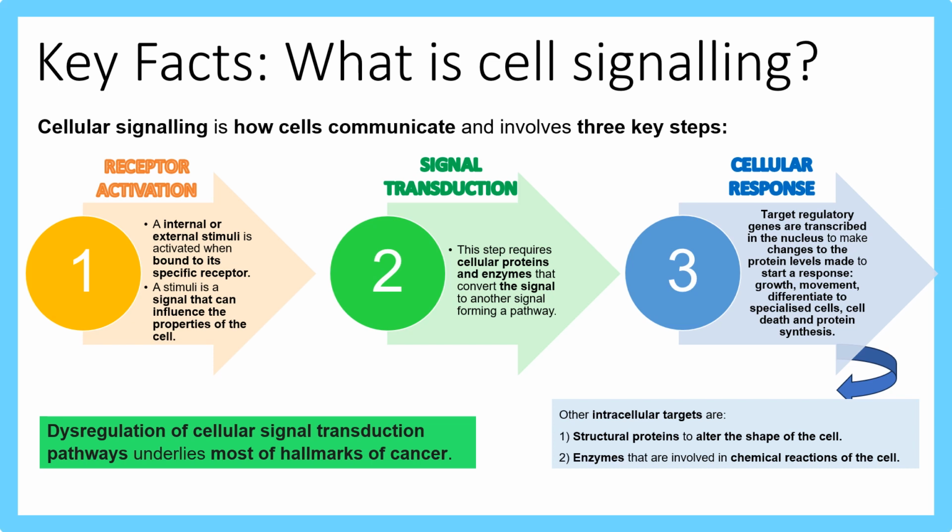Then cellular response. There can be 3 different types of responses. The first response is regulating genes that are needed to be transcribed and translated to form the actual proteins in question. In the previous lectures, we mentioned that in order for the genetic material to be converted into a protein, it has 2 steps: transcription and translation.